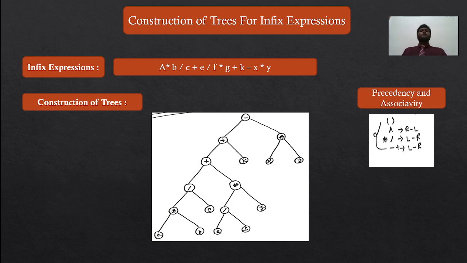Here is multiplication and division, and we have to consider division as root, and here c is the right child of the division, and a multiplication b is the left child of the division. And at last we have to consider multiplication as root, and then the multiplication's left child is a and its right child is b.